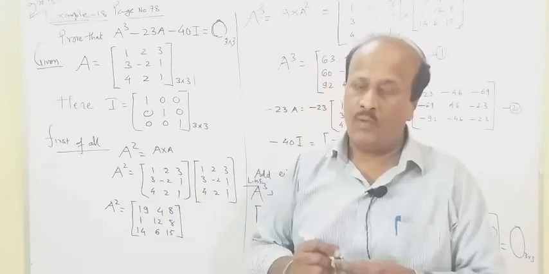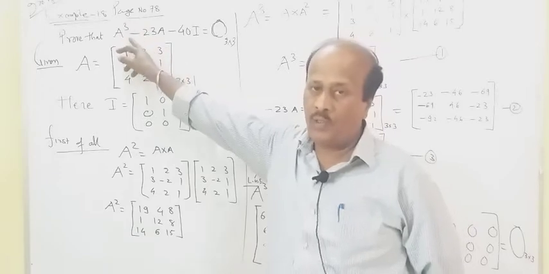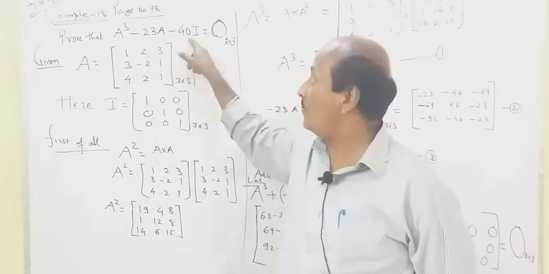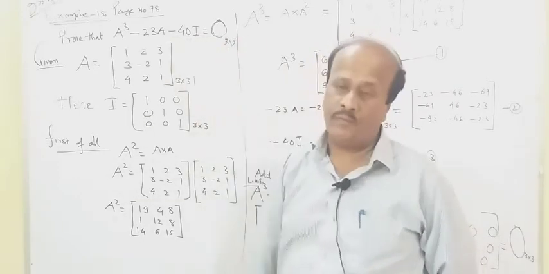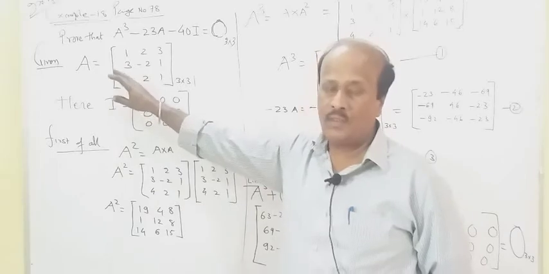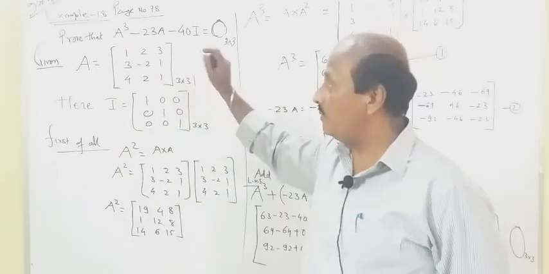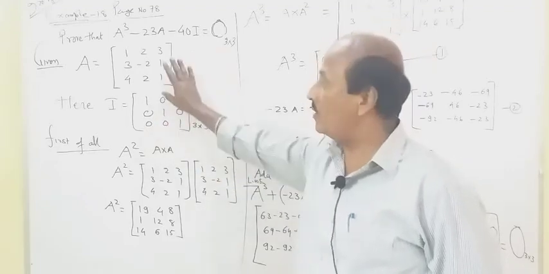So once more, what is that question? The left hand side of the question is A to the power 3, A cube minus 23A minus 40I, is equal to the null matrix. Now here I will not be given to you. I is understood. In the previous explanation I told you I is the identity matrix, and the identity matrix will be of the order of that question.